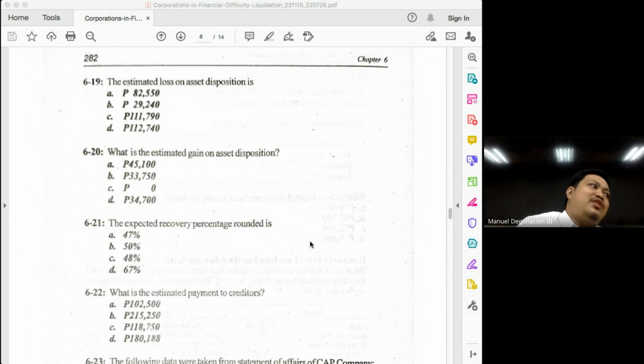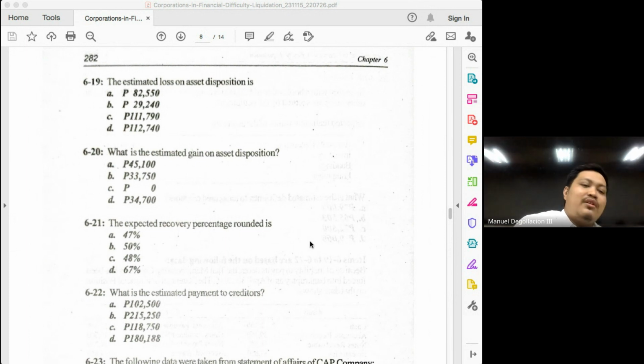In 6-22, class, the answer is 180,188. But if you add all your assets, class, it will not be 180,188. I think it's 180,410. So why then is the answer not consistent with what we have established in problem 29? It's because in this problem, the recovery rate was rounded off, class.